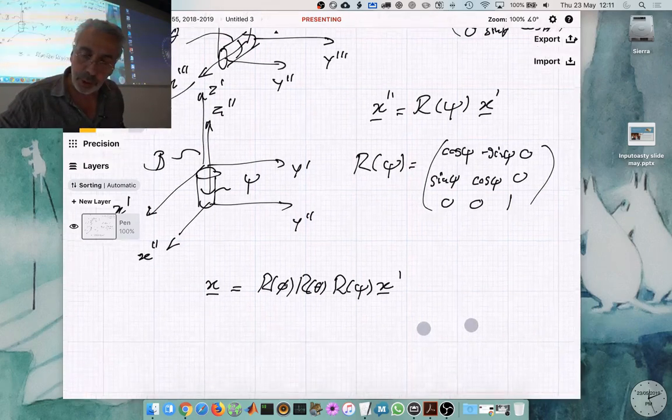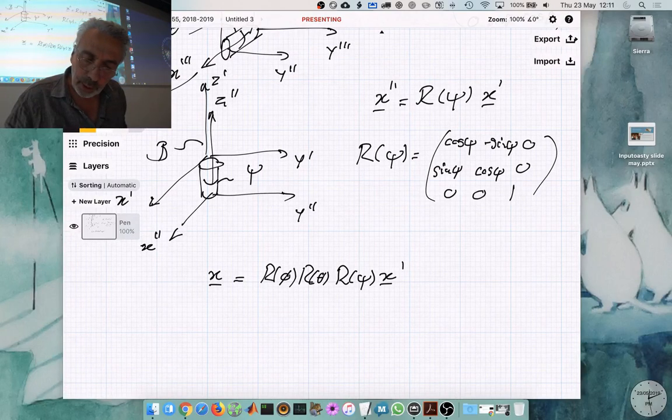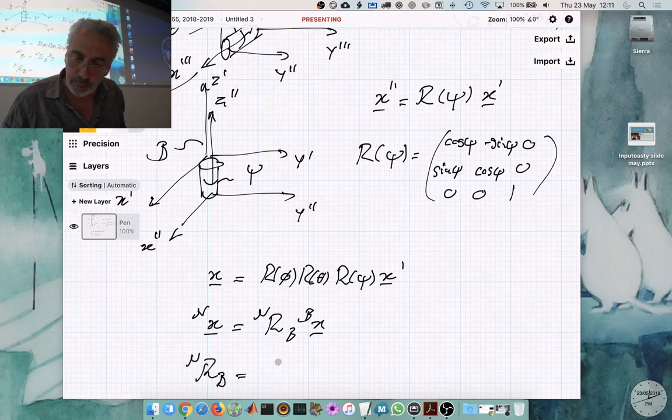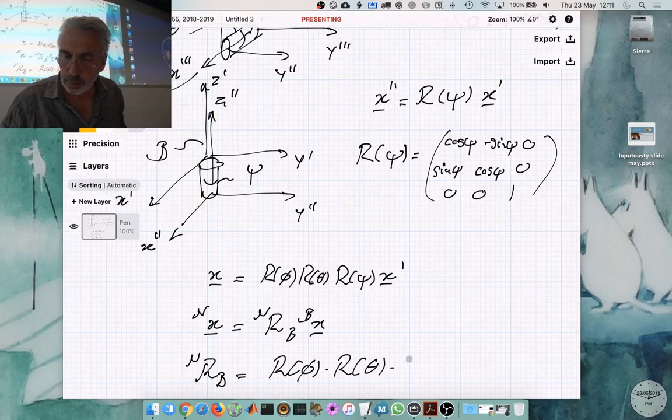Or in other words, it's nice to use these symbols, our rotation matrix N R B is apparently rotation matrix phi times rotation matrix theta times rotation matrix psi.